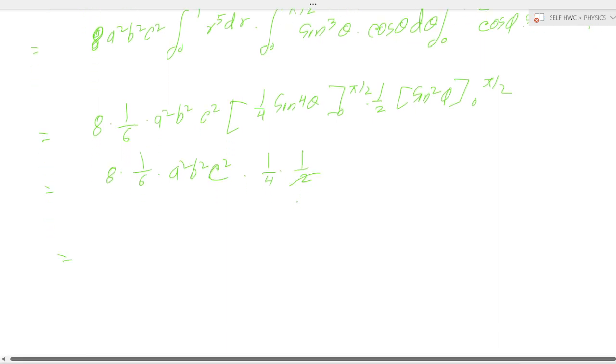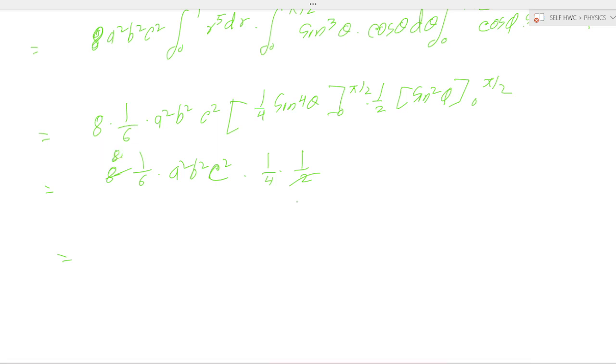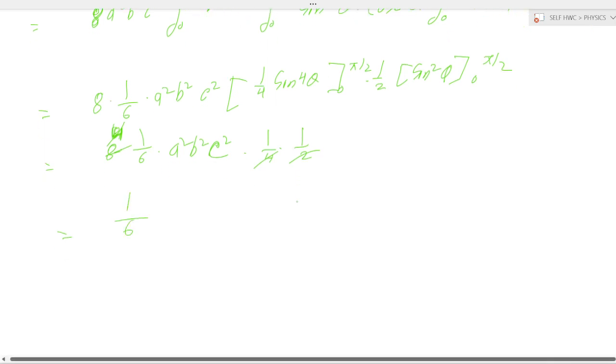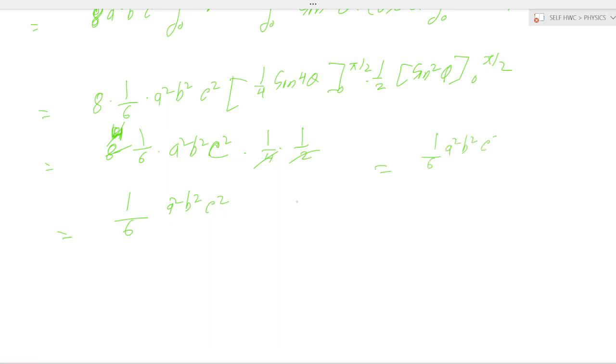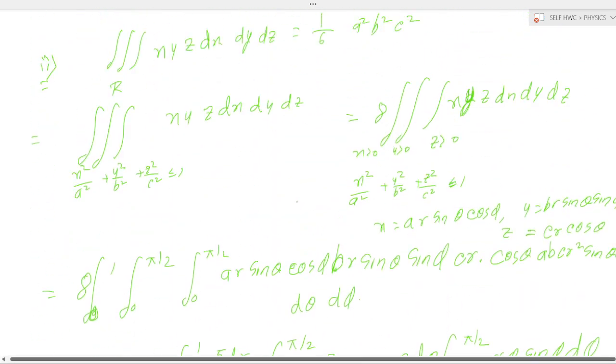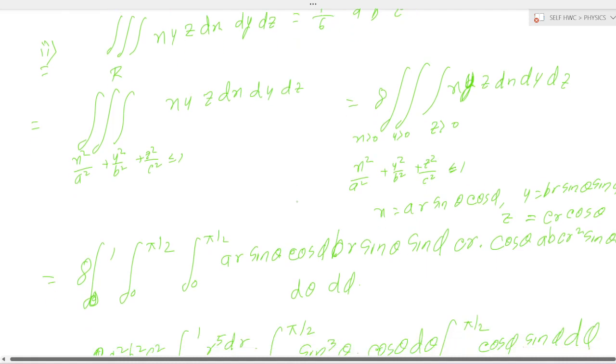The 8 and 4 and 2 cancel, and the next value is 1 by 6 into a square b square c square. This is proved.